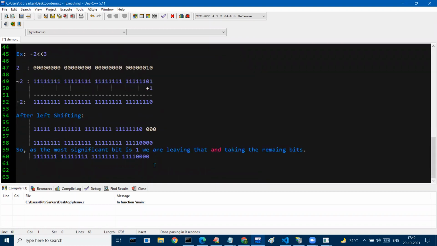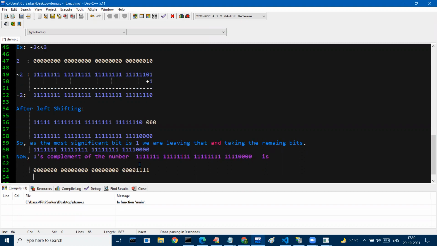To get the 2's complement, first I have to get the 1's complement plus 1. That is nothing but the 2's complement. The 1's complement of the number: 1 will be converted to 0, and 0 to 1.